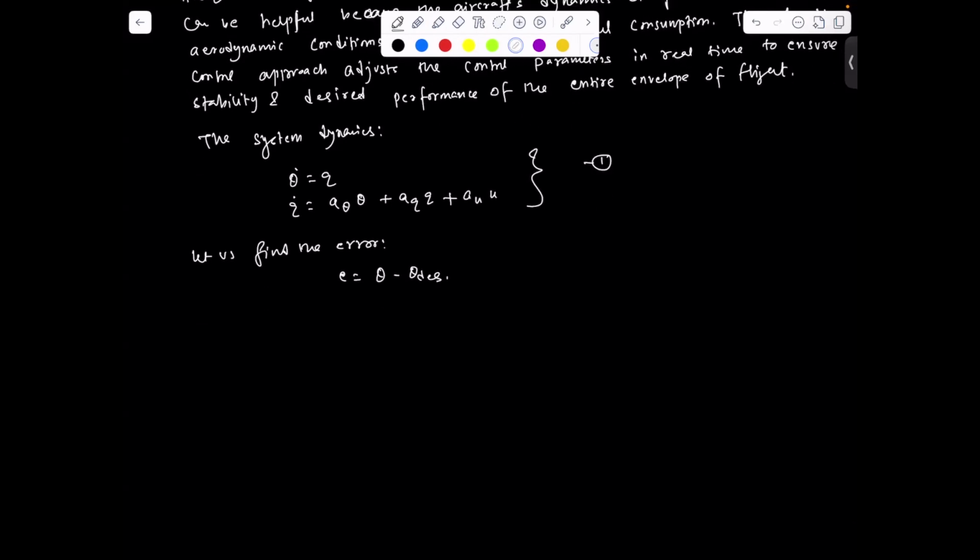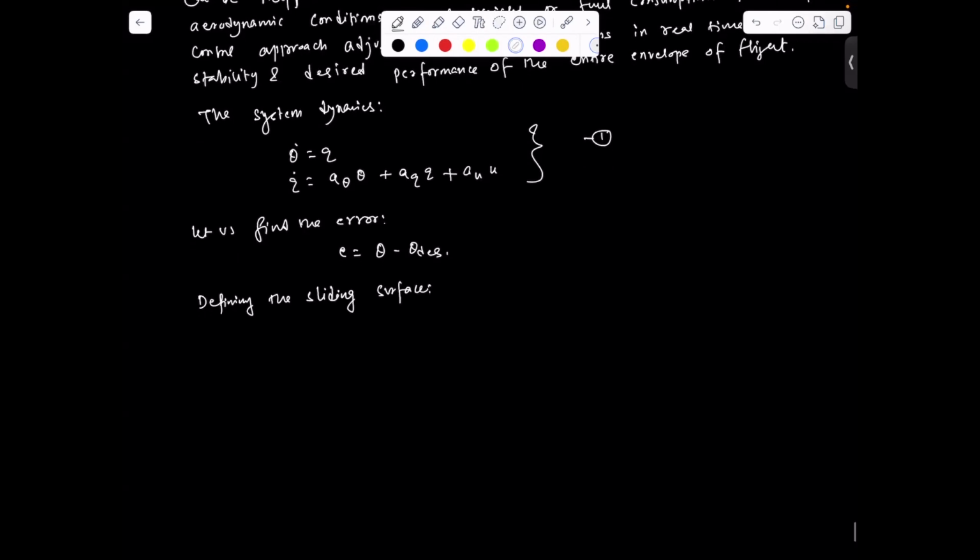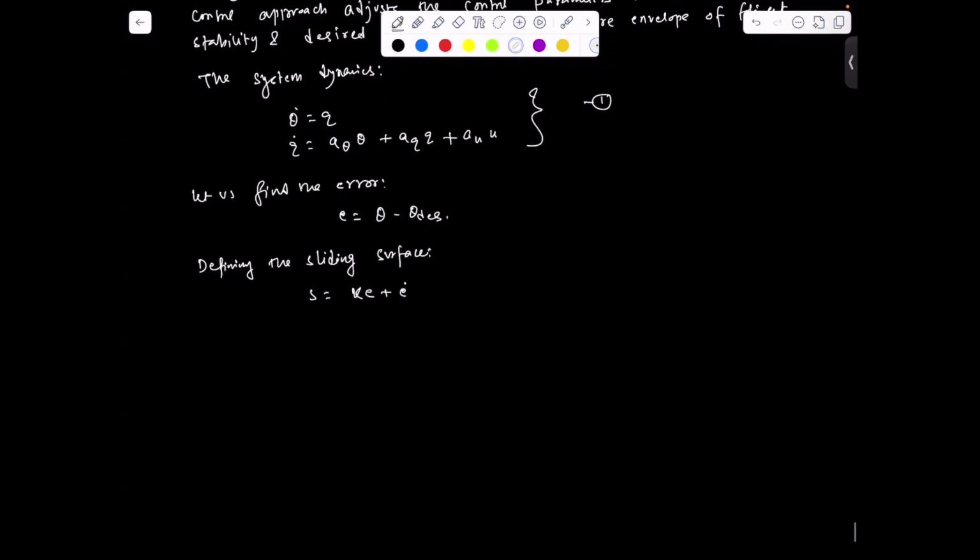Based on this error variable, let us define the sliding surface as S equal to k e plus e dot. If we take the e dot from this expression, we can write the sliding surface.